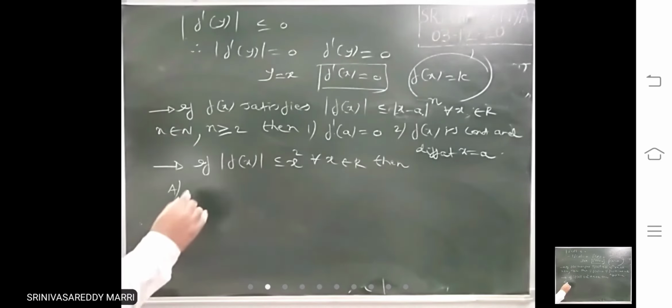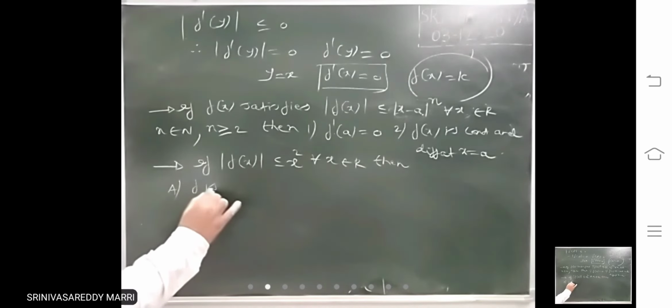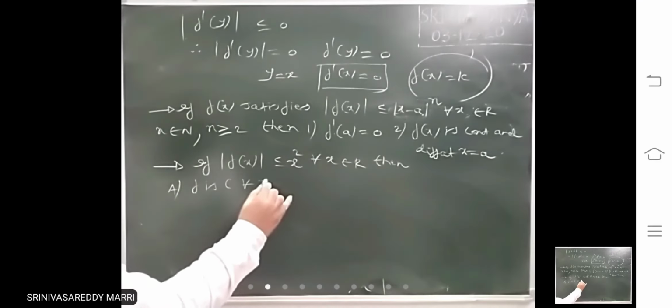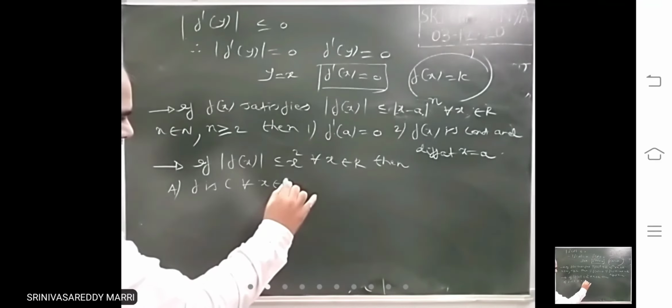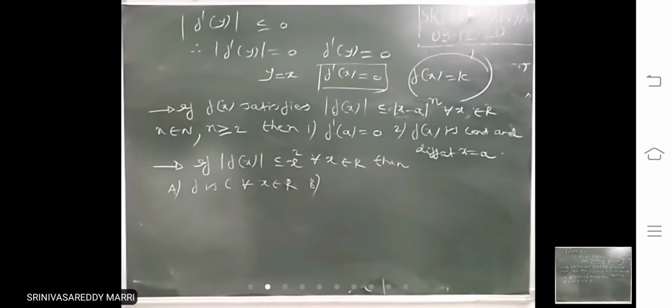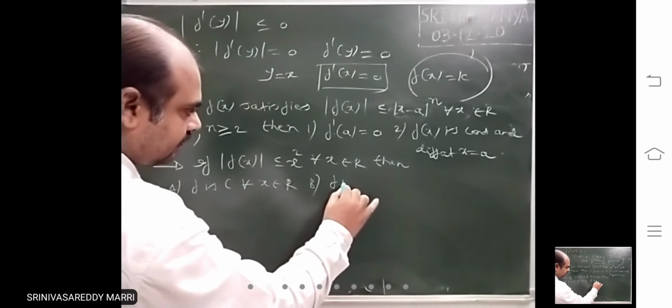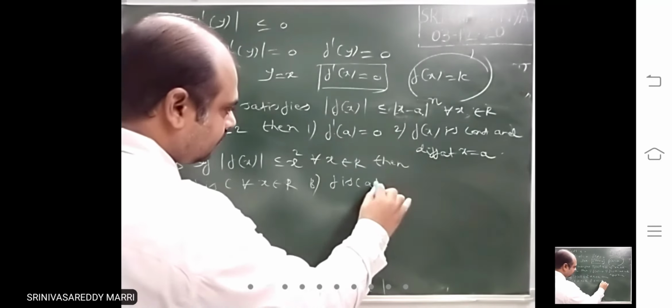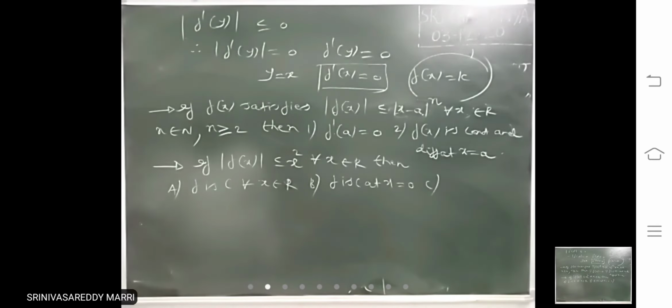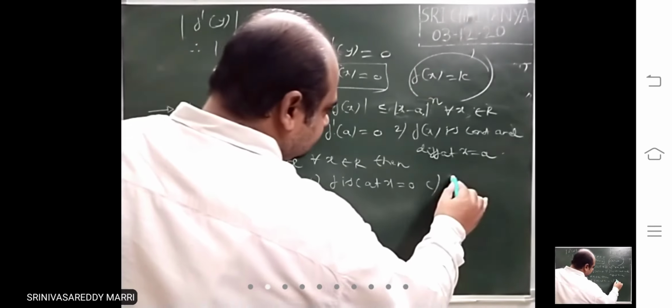A, f is continuous for all x belongs to R. B, f is continuous at x equal to 0.